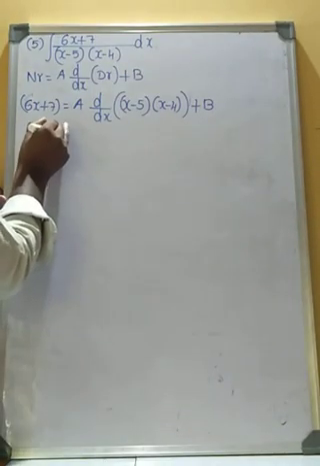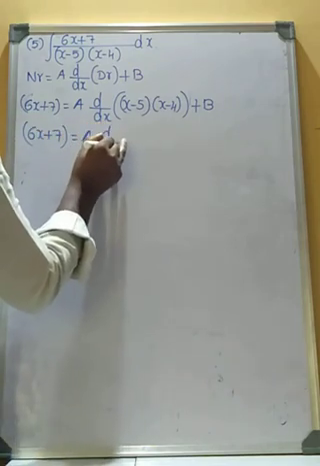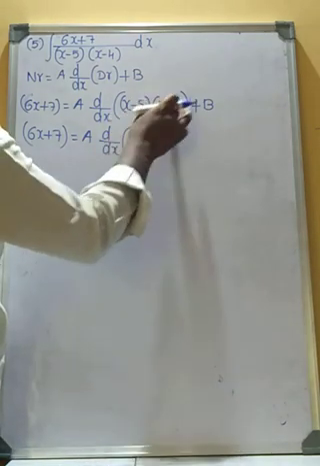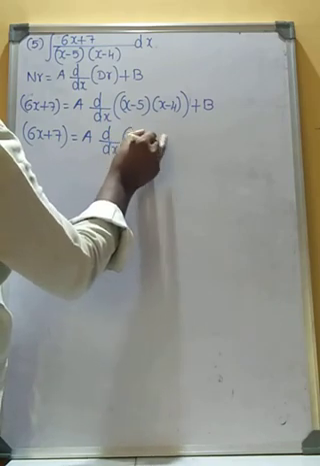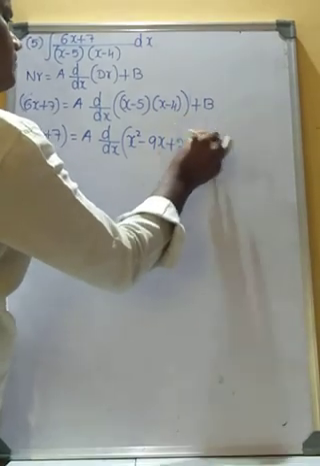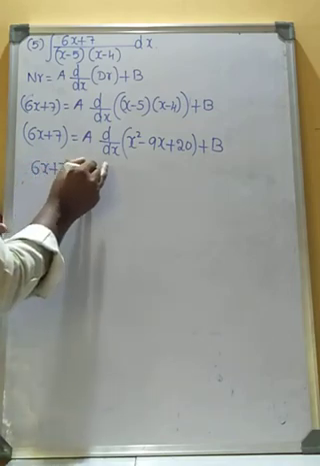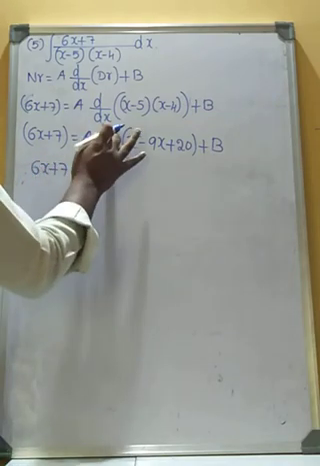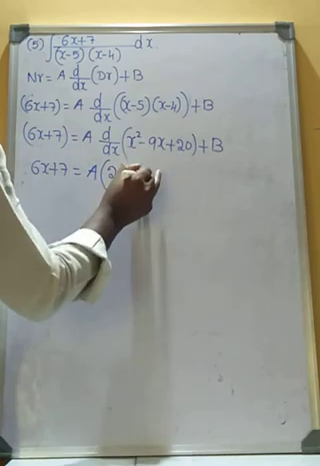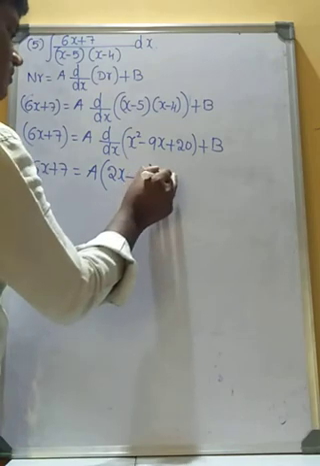Therefore, 6x plus 7 equals a into d by dx of x minus 5 into x minus 4. The product of the binomial terms gives x square minus 9x plus 20, plus b. Therefore, 6x plus 7 equals a into d by dx of x square, which is 2x, minus d by dx of 9x, which is minus 9, plus d by dx of 20, a constant, which is 0, plus b.